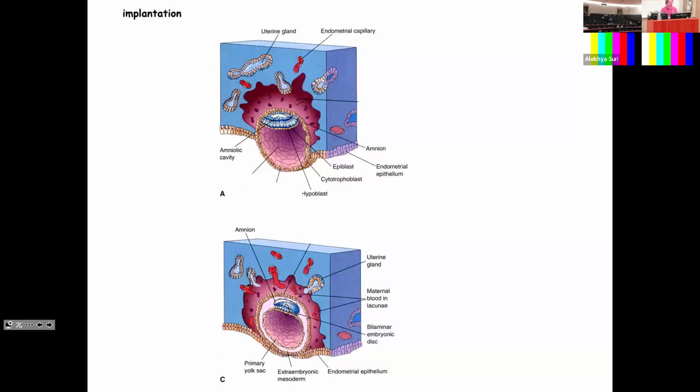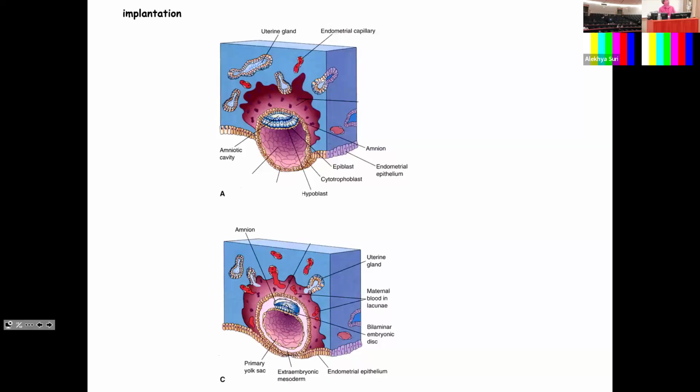The inner cell mass develops into 2 different layers, the epiblast here in blue and the hypoblast here at the border, okay? 2 layers, right? And the blastocyst starts the process of implantation and mingling with the lacuna and the different glands.